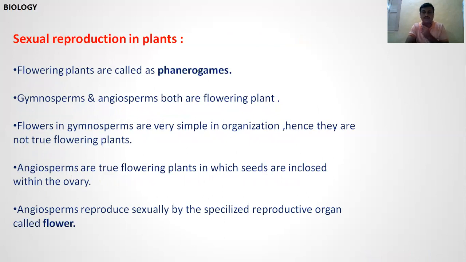Sexual reproduction in plants. These are the general characteristics of sexual reproduction in plants. First, flowering plants are called phanerogams. These are most of the higher plants. The gymnosperms and angiosperms are both flowering plants.